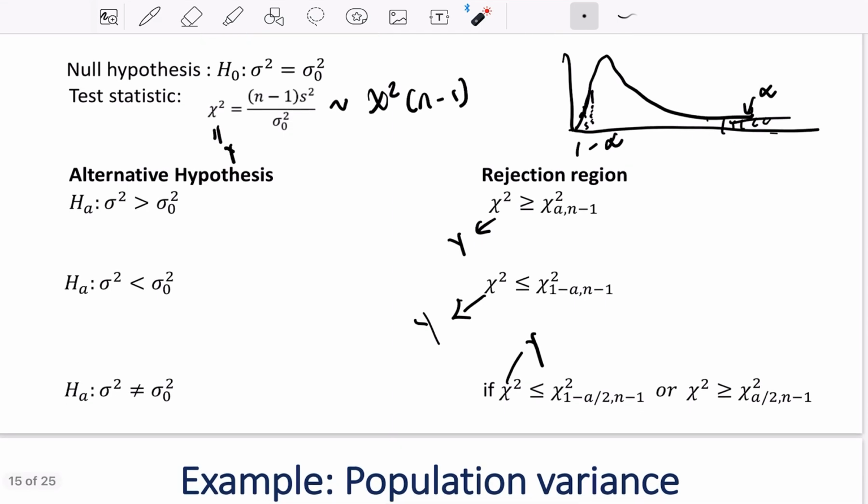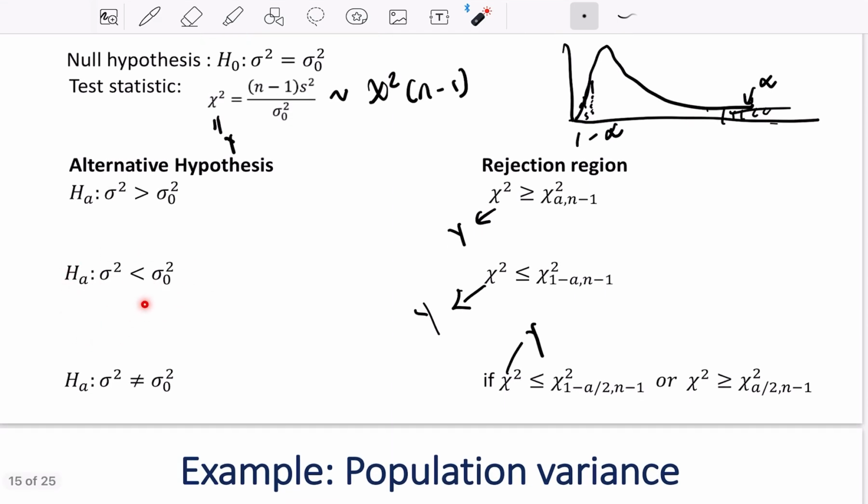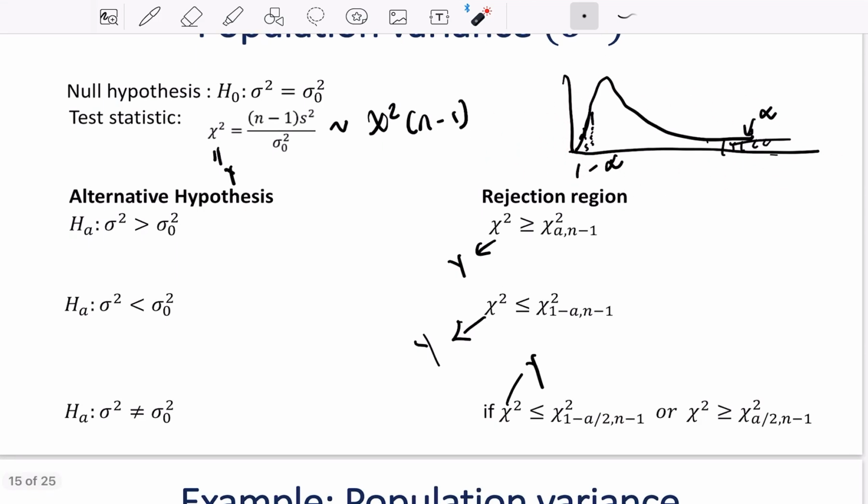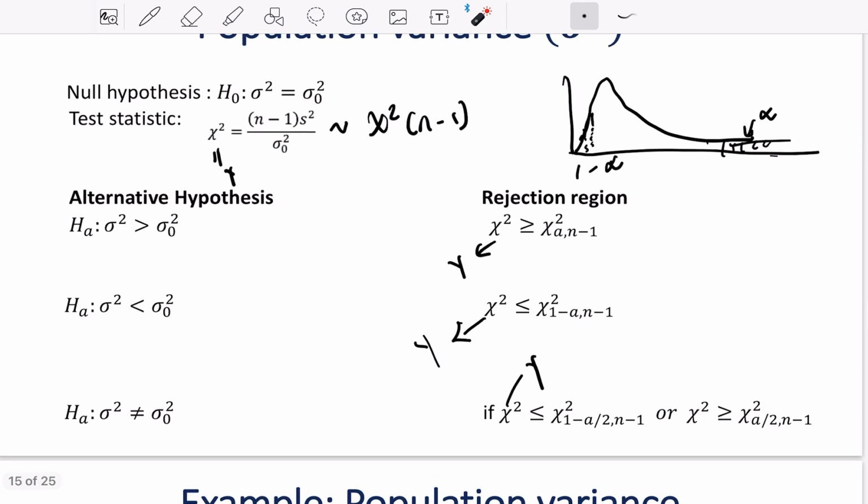And for a lower tail test, obviously we'll be looking at this area there. So we reject if this test statistic is less or equal to the chi-square value at 1 minus alpha, with n minus 1 degrees of freedom. So I feel like you should just draw this diagram when you perform this hypothesis test for chi-square, so that you don't forget the rejection region, okay? And remember that for a two-sided test, there you'd have alpha over 2, and there you'll have alpha over 2. So it'll be 1 minus alpha over 2 and alpha over 2.